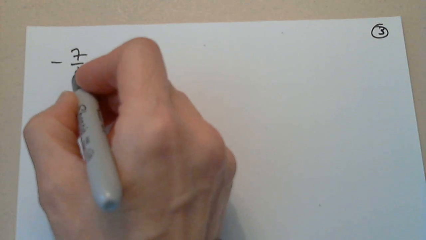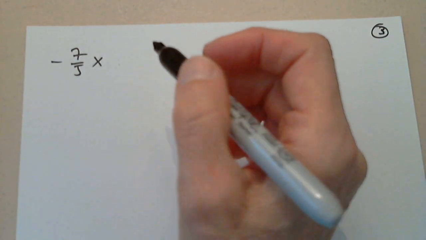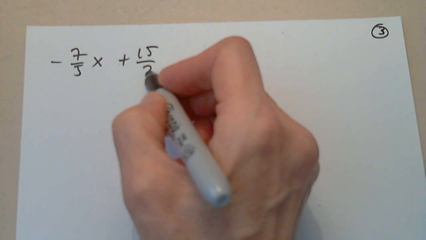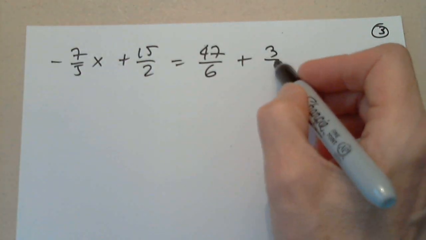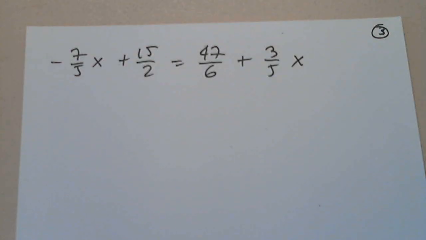Good. Here's another one. Negative 7 fifths x plus 15 halves equals 47 over 6 plus 3 fifths x.